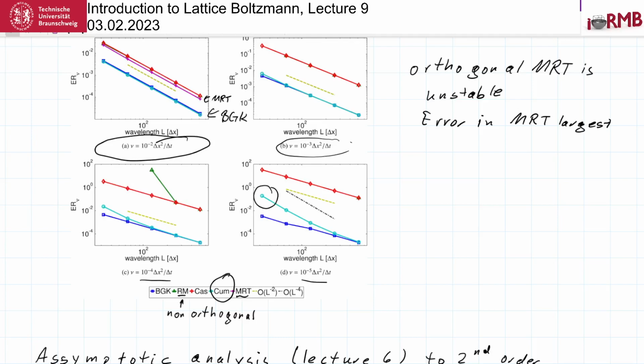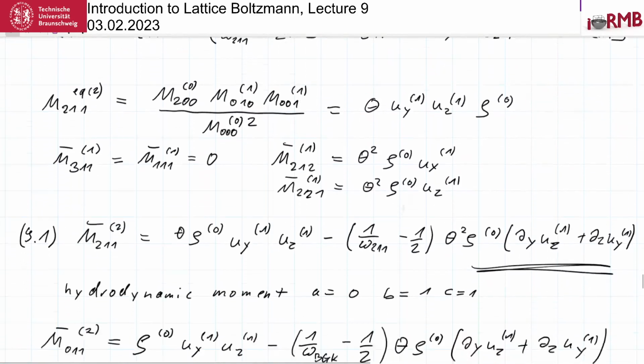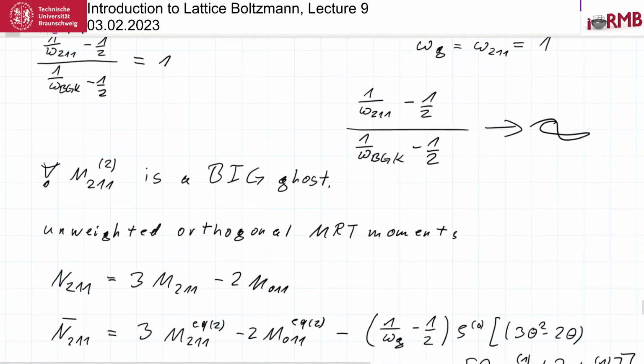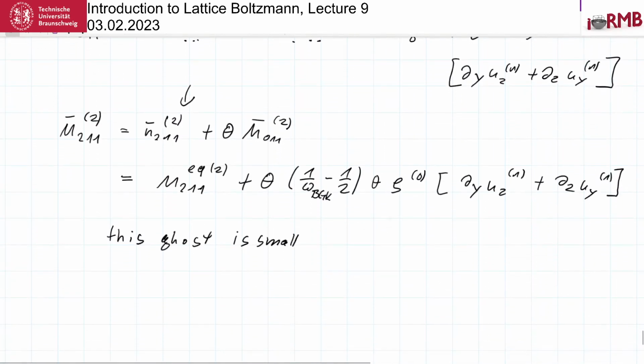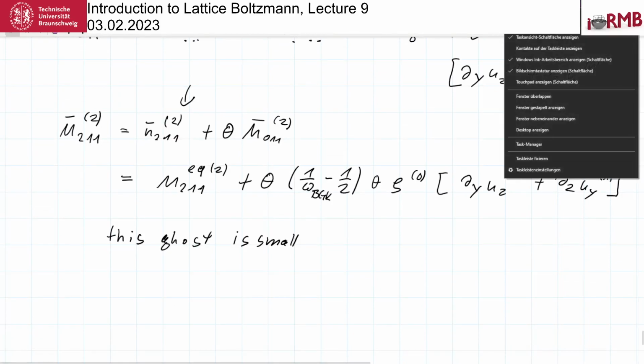So we can construct a multiple relaxation time method with weighted orthogonality that solves all this problem. The cumulant lattice Boltzmann method does a few other things on top of this, which we'll cover in the last lecture of this series. Hopefully, because we still have one to go. Thank you for listening.